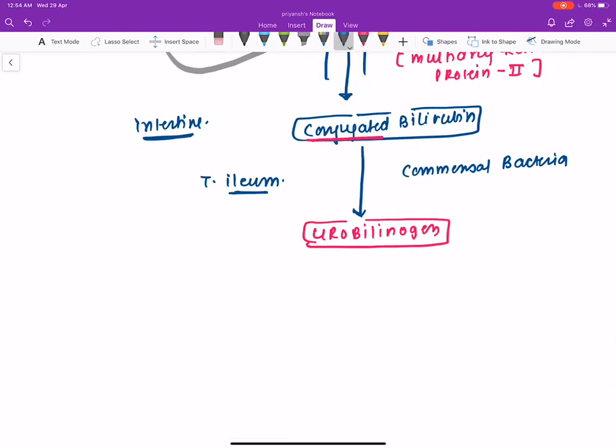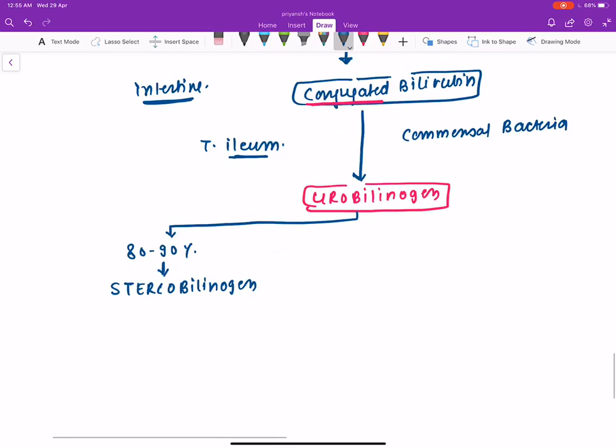Now, what happens with the urobilinogen is that the majority, 80-90%, will be converted into something called stercobilinogen, and this molecule will come in your stool.